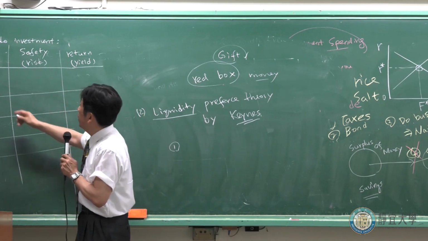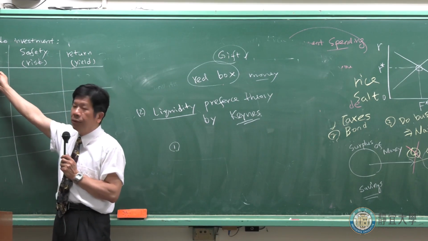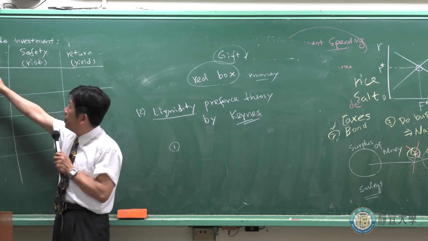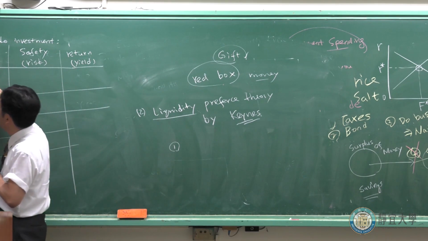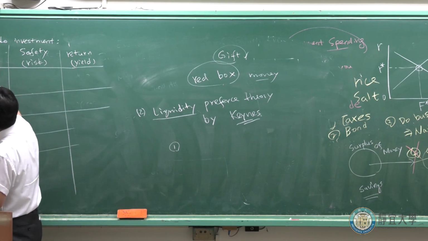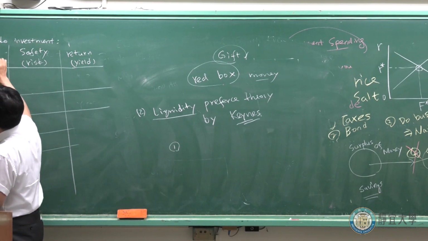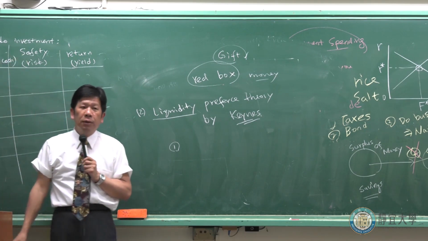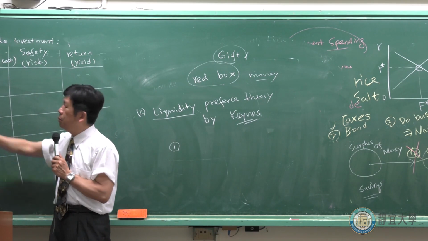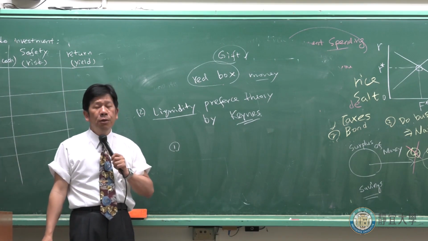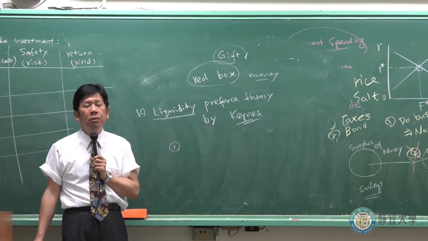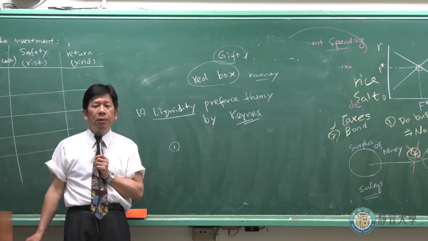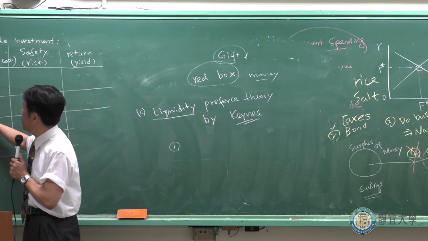So here, you can see that liquidity is actually the ability to change into cash. Change to cash, okay? If you buy a stock, can you change it to cash? Maybe 70%.